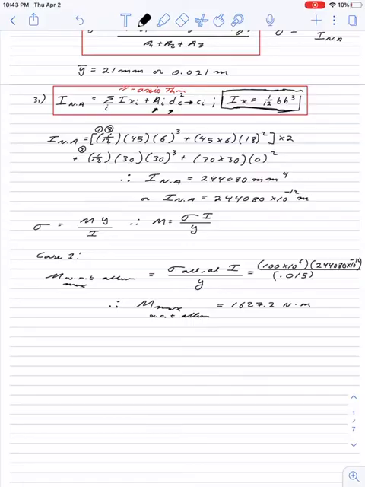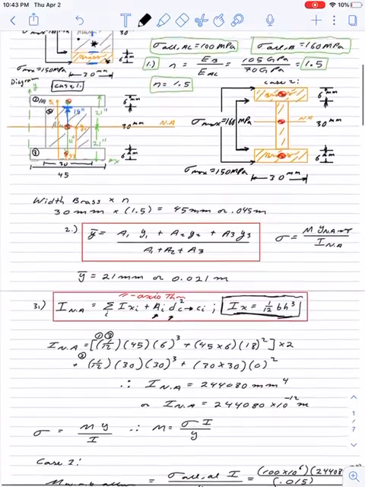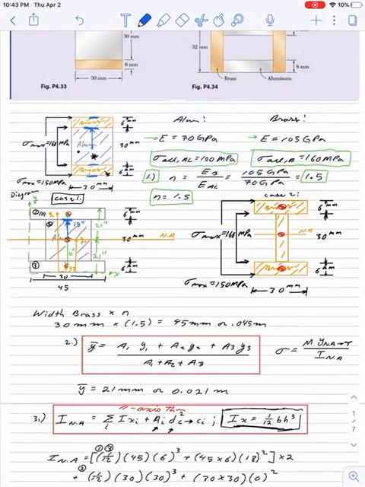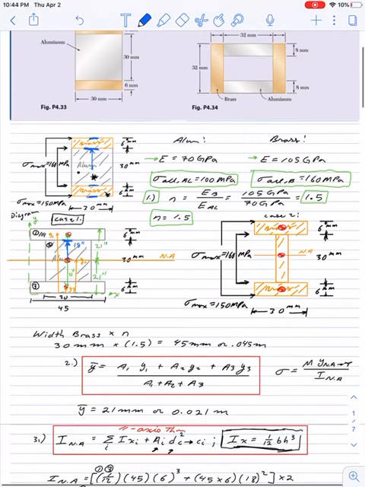Now let's go up to our diagram and see where the maximum moment for brass would be. Well, if this is the neutral axis, we would have to go all the way to the furthest point of brass, and that comes out to be 15 plus 6, which is 21 millimeters.